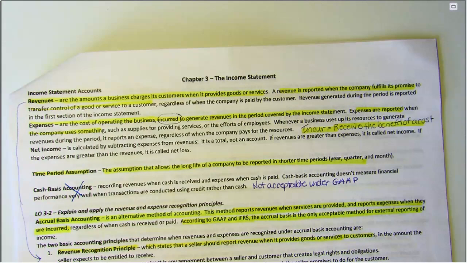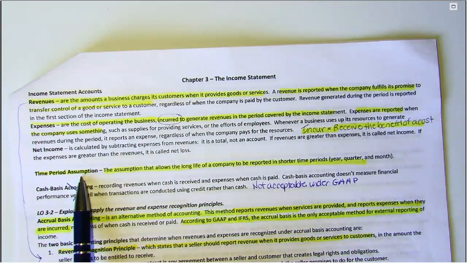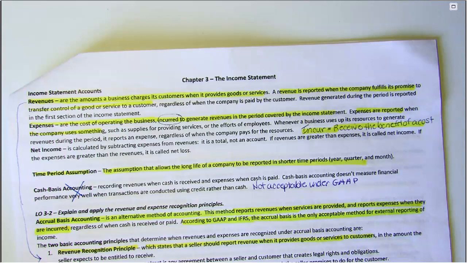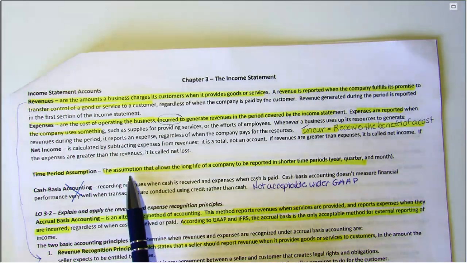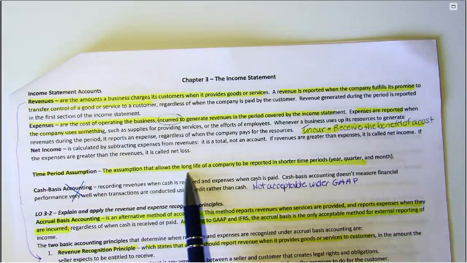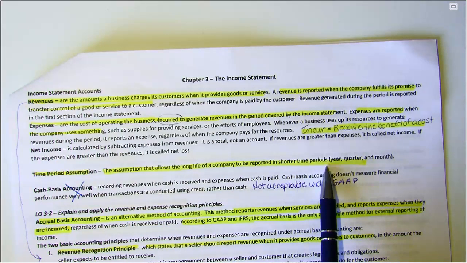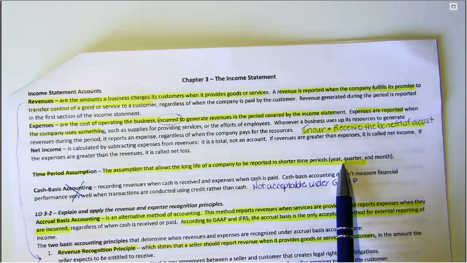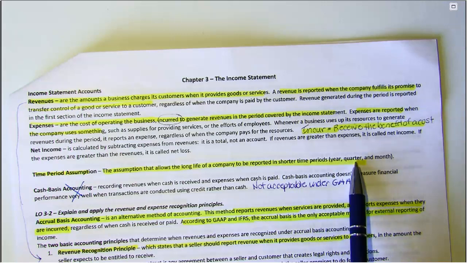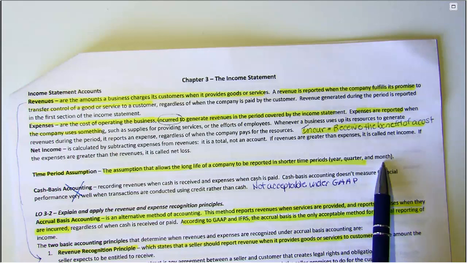Now below that, we see the time period assumption. This is a very important assumption. It is what allows us to report net income for the month of September or for the year ended December 31st. The assumption states that it allows the long life of a company to be reported in shorter time periods, such as a year or a quarter, which means 3 months, or a month.